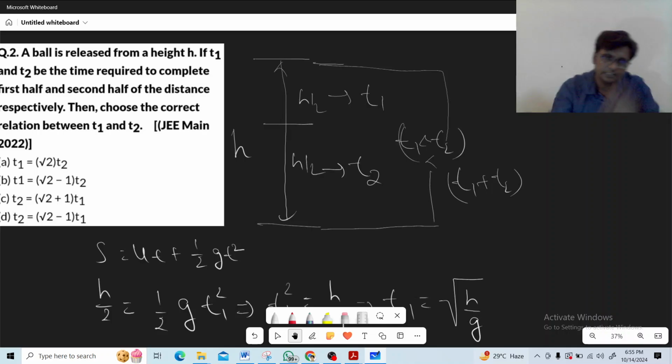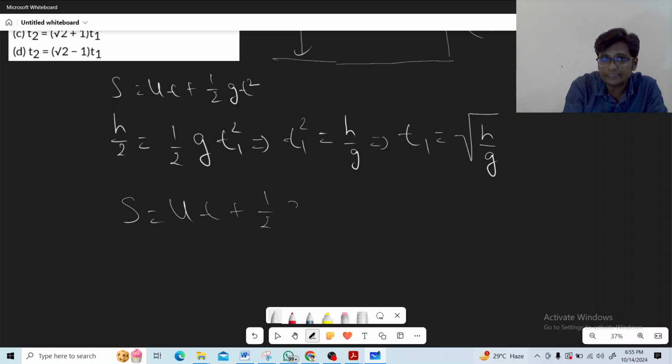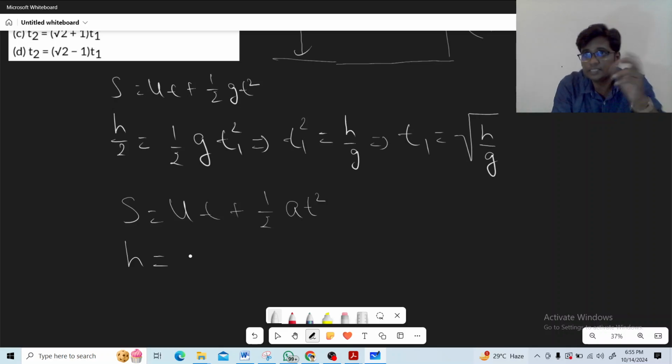Done. So we can write the motion equation the same way, and we'll find that this s will be equal to ut plus half a t squared. That's a very general equation that I have told you. So the s will be the total height h, and u obviously will be 0 because the ball is being released from the height.